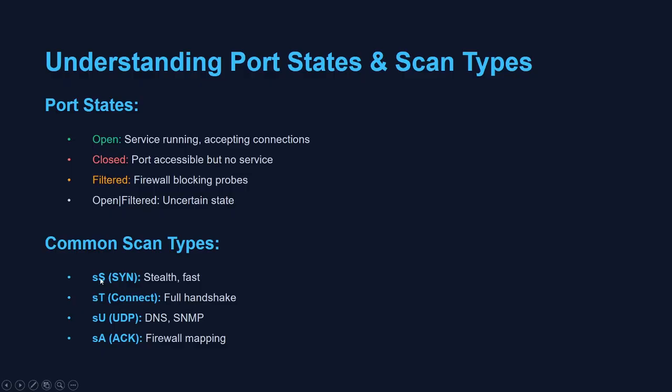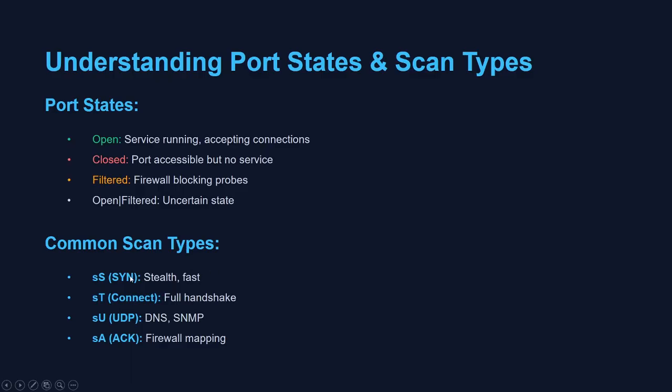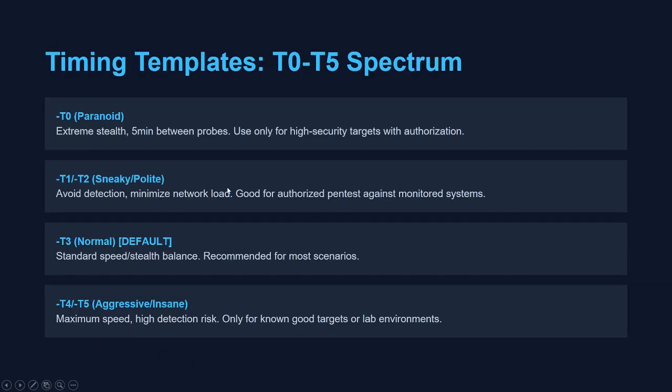Common scan types: -sS is stealth and fast, very good because it gives you stealth and speed. -sT connects with a full handshake. -sU is for UDP, for services like DNS and SNMP. -sA is for acknowledgement, firewall mapping, for stealth.